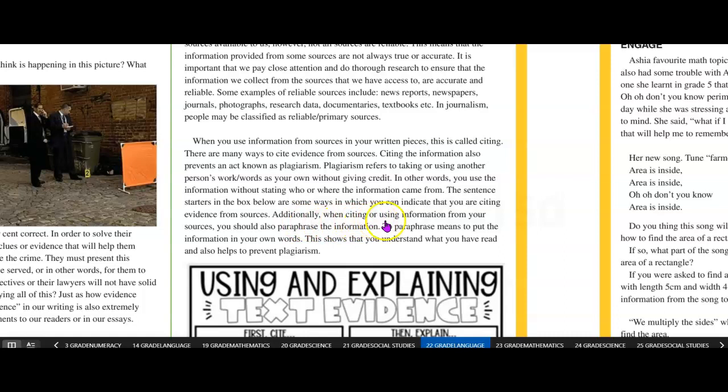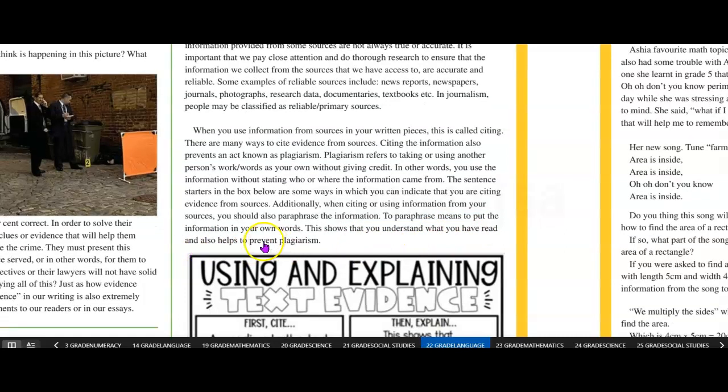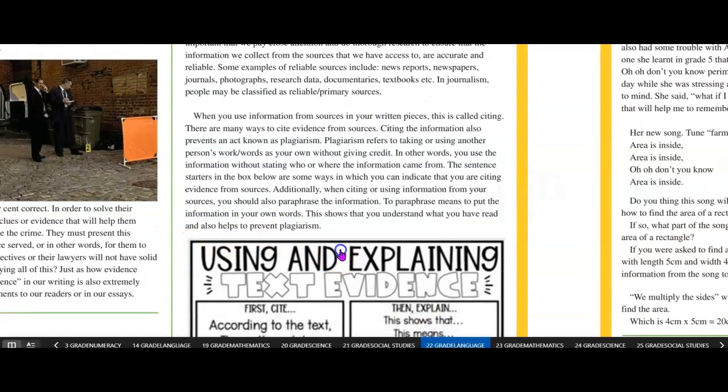Additionally, when citing or using information from your sources, you should also paraphrase the information. To paraphrase means to put the information in your own words. This shows that you understand what you have read and also helps to prevent plagiarism.